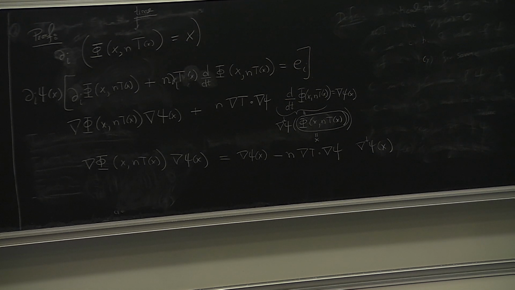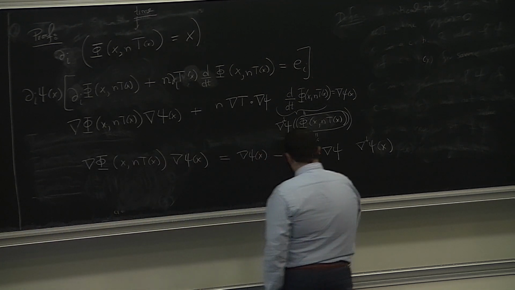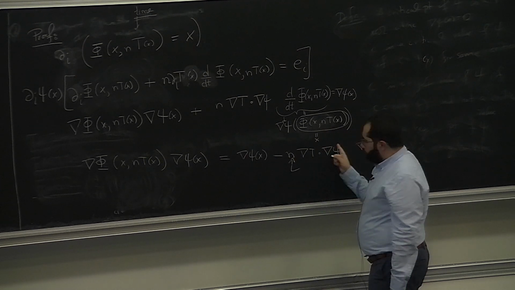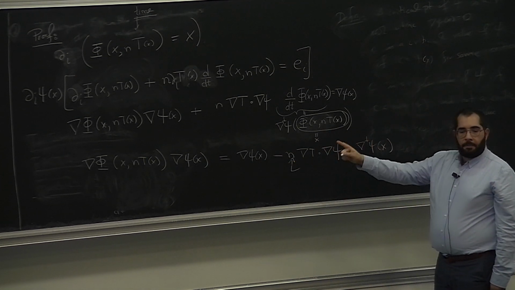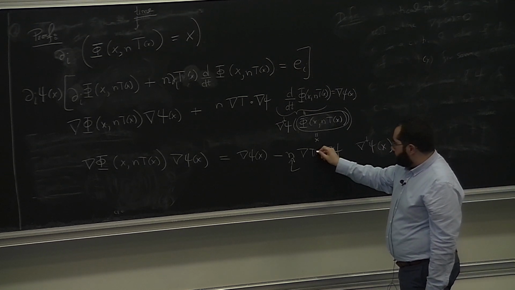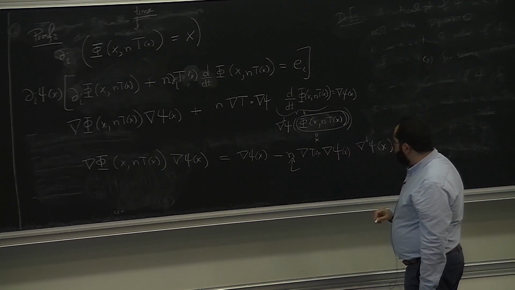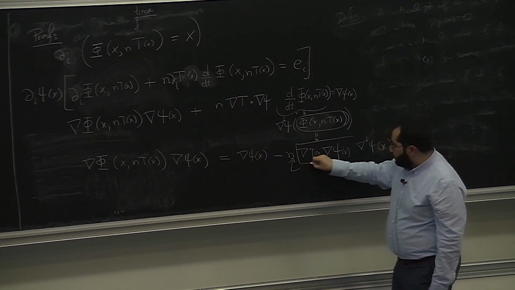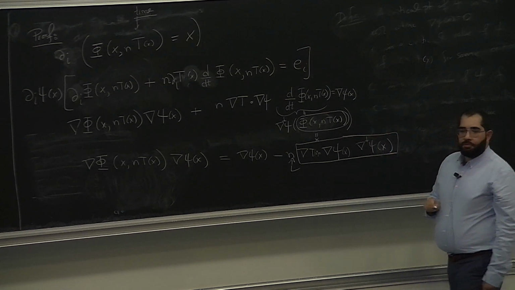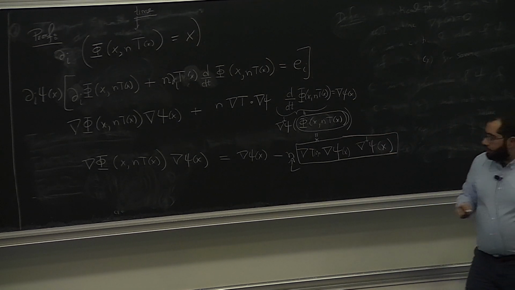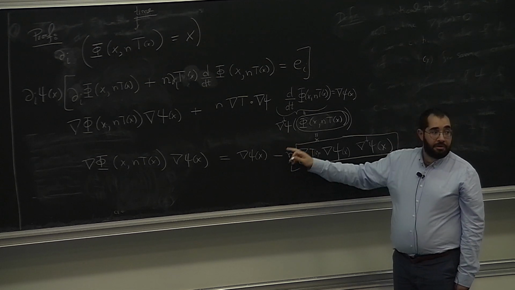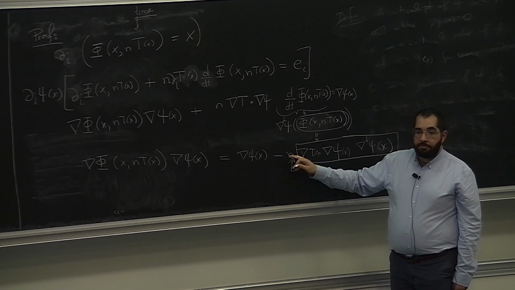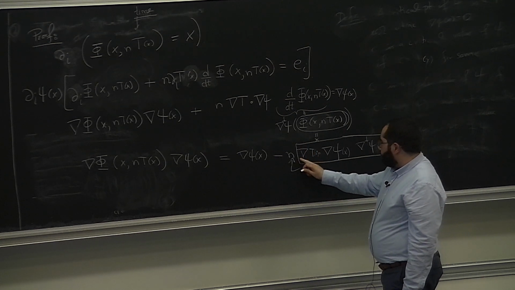So this identity should already tell you something, because all of these on the right side, with the exception of n, are independent of time. These are all functions of x, so you're fixing x. Unless this thing is 0, you have growth like n, so linearly in time. Does that make sense?